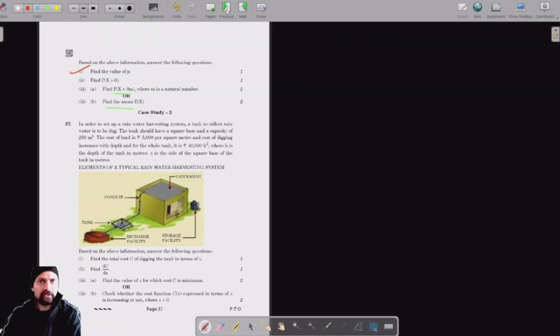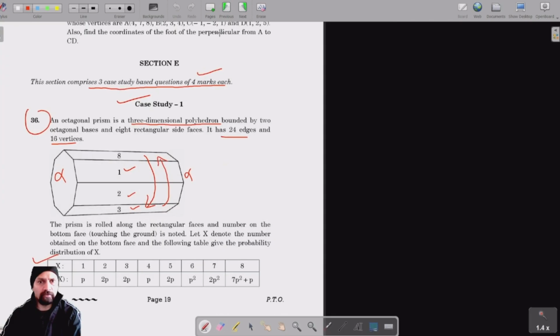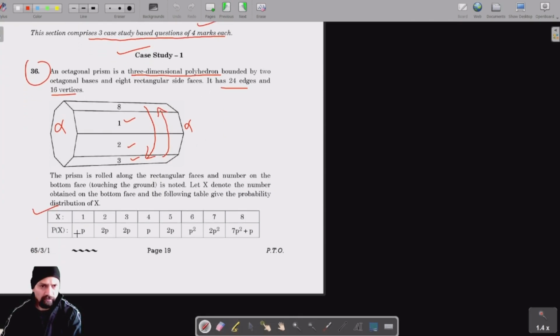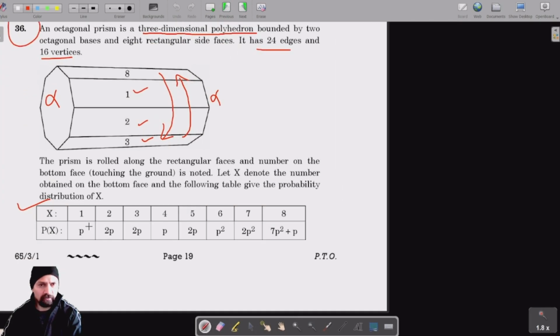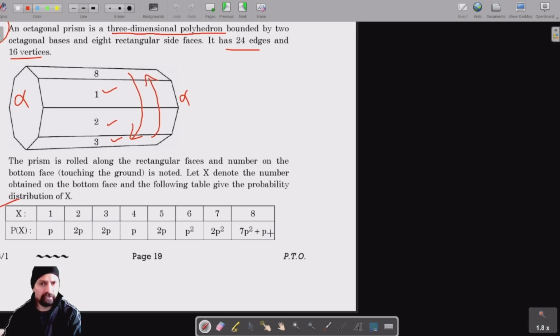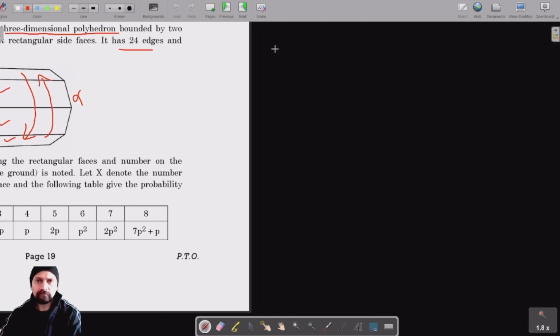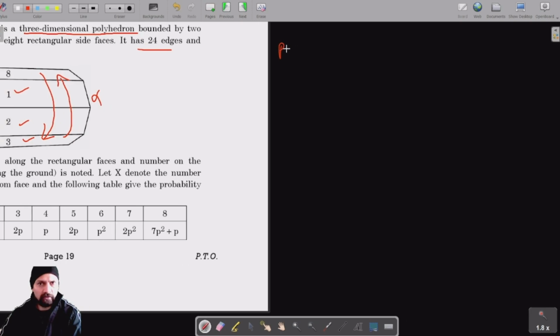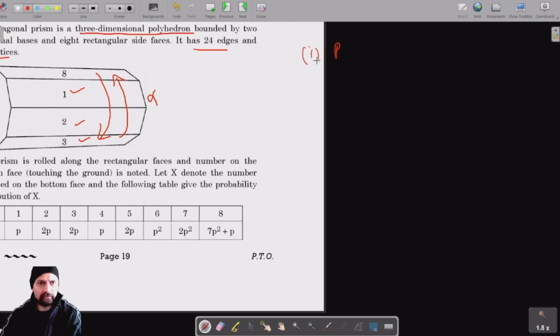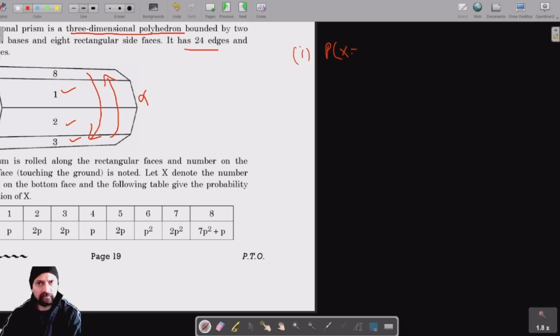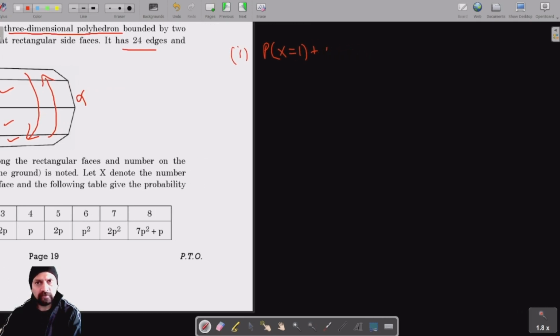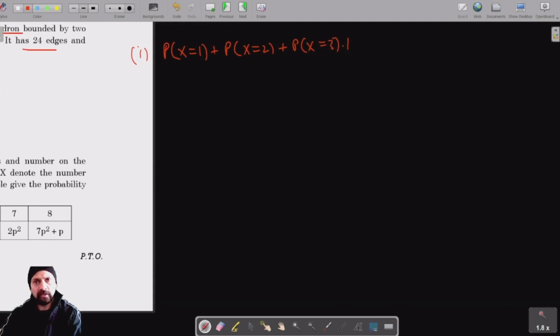To find the value of p, we know that the sum of all the probabilities of the random variable is always equal to 1. So P(X=1) plus P(X=2) plus P(X=3), and it goes on like this till P(X=8), is equal to 1.